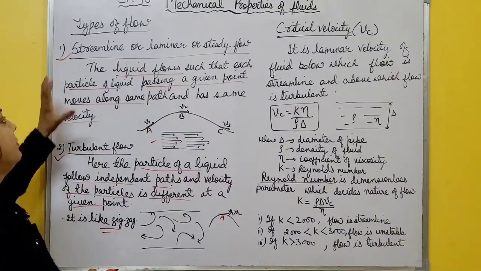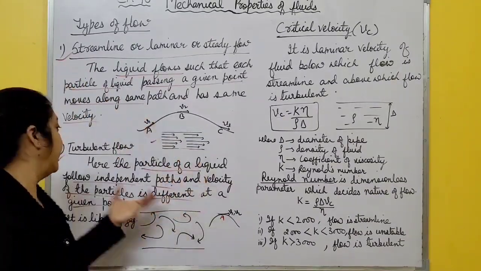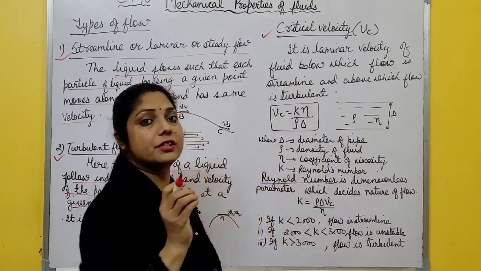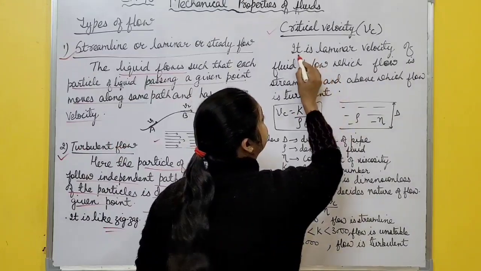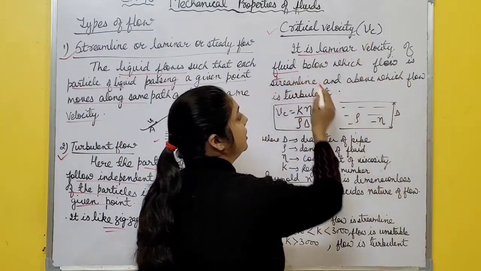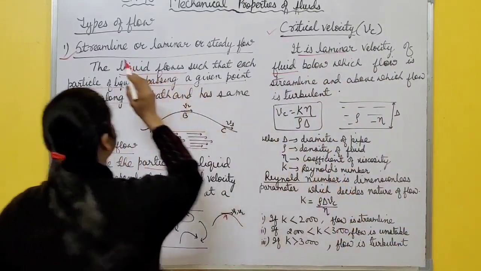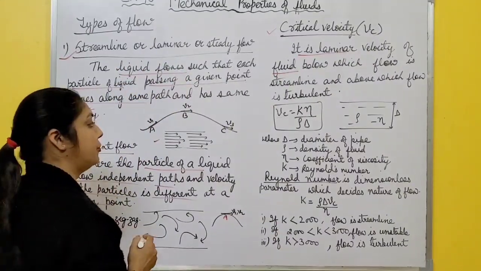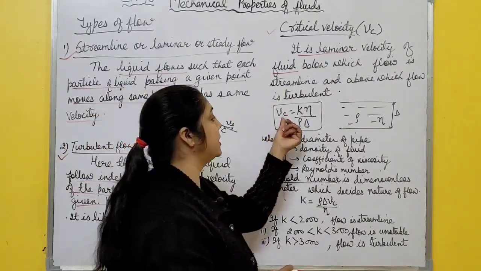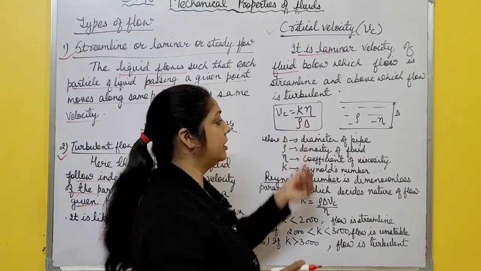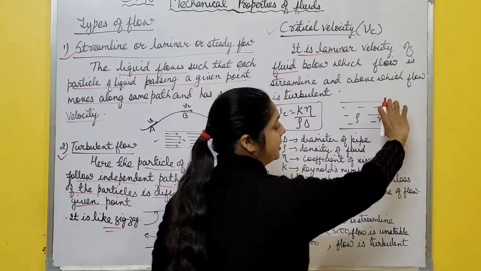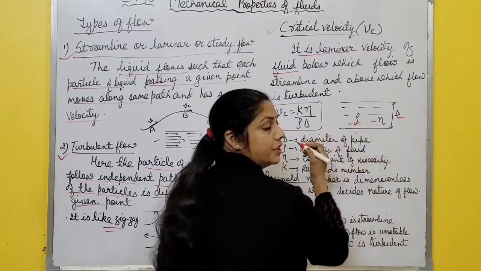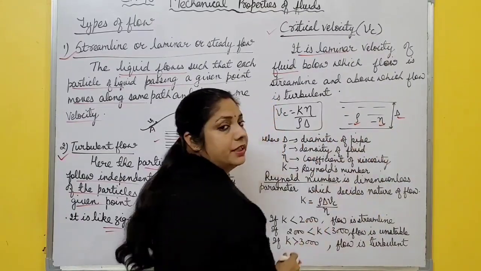Now how do you find whether a given flow is streamline or turbulent? For that, there is a critical velocity. Critical velocity is that velocity of fluid below which flow is streamline or laminar and above which flow is turbulent. So there is a formula for this critical velocity. Suppose a liquid is passing through a tube having diameter d, its density is rho and coefficient of viscosity is eta.